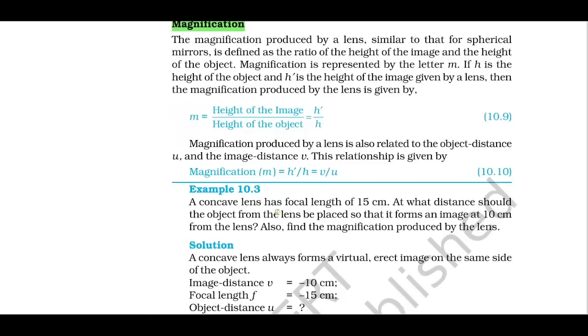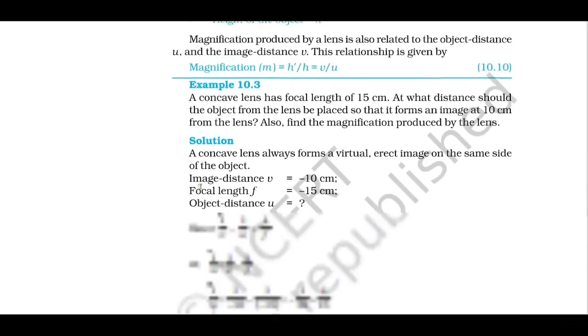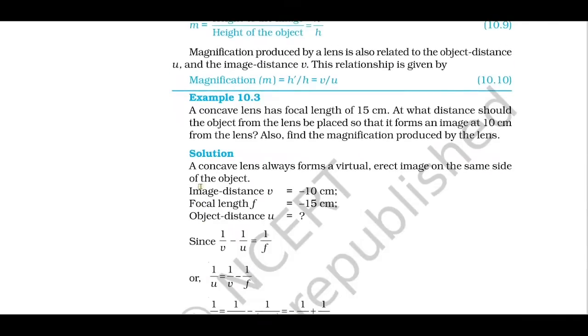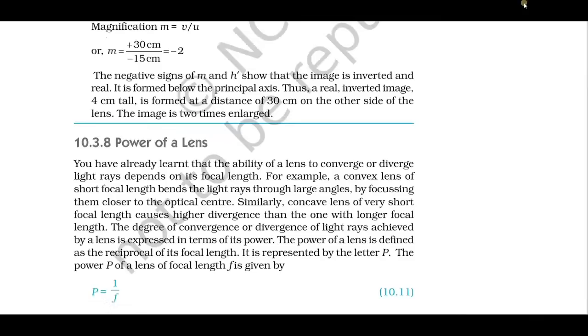So if the magnification of a lens is 1, what do you mean by this statement? This means that the size of the object is the same as the size of the image. Numericals which I have already solved and uploaded in a video, you can check it out.